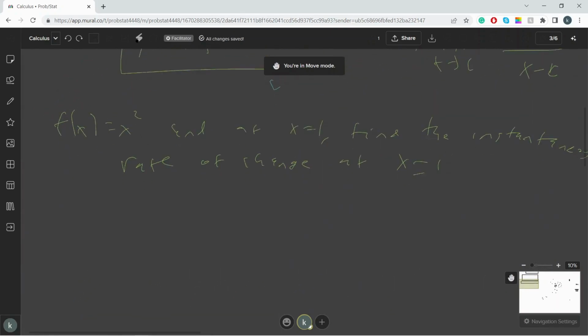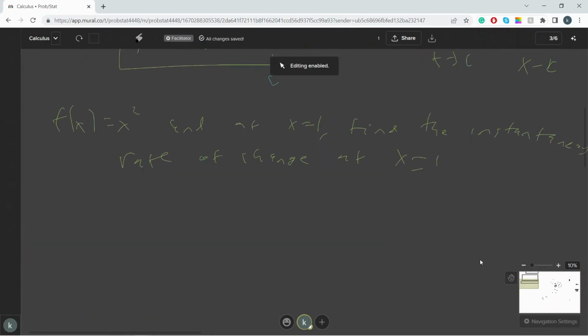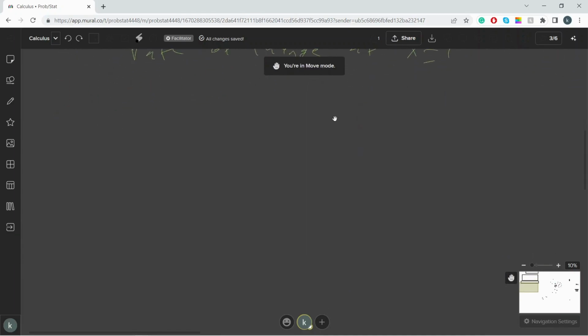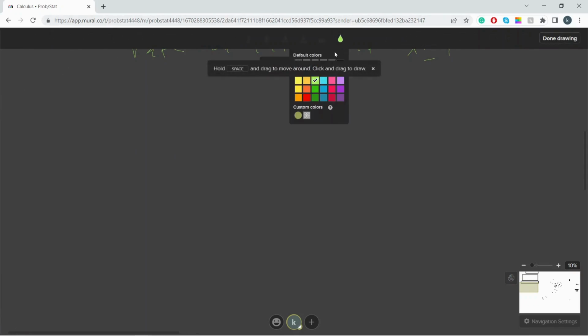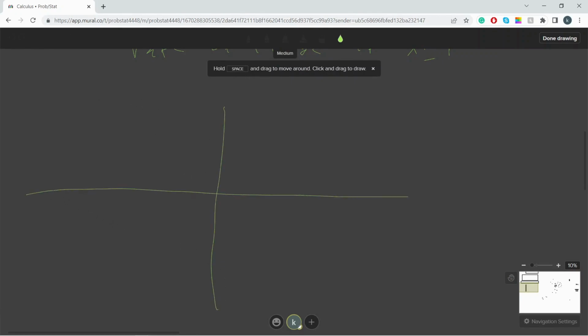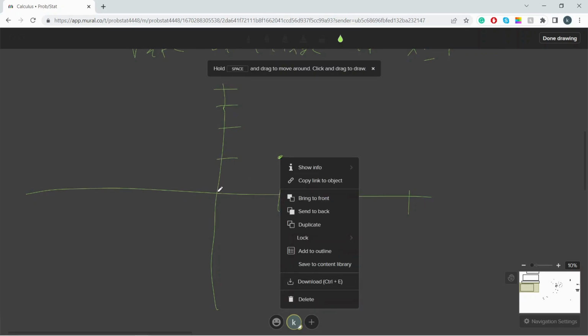So the way I'm going to approach this is I'm going to first draw a graph of f so that we have a visual to go off of. If you recall, the graph of y equals x squared is going to be a nice parabola. So we have this axis here, then we have x equals 1, 2, 3. Then we have 1, 2, 3, 4. So we have (1, 1) for f of x equals x squared.